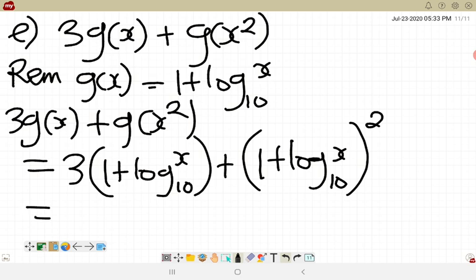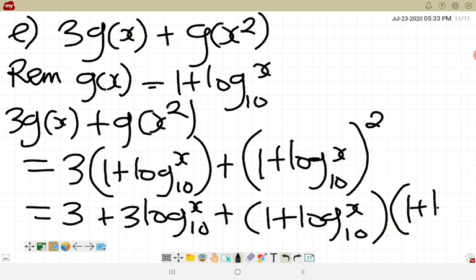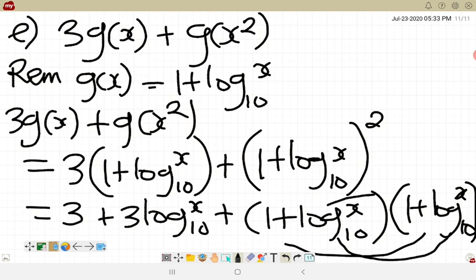Okay, so open the brackets on both. We have 3 times 1, 3 plus 3 log x base 10 plus, if you open this bracket, log x base 10 into 1 plus log x base 10. Okay, open the next two brackets. Multiply as usual: take this, take this, and then take this.